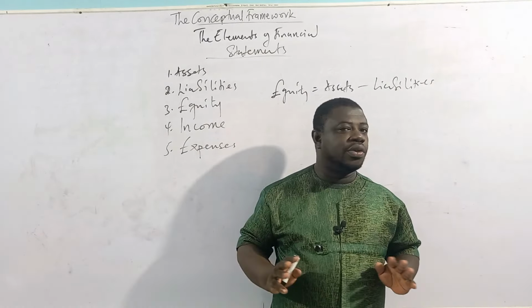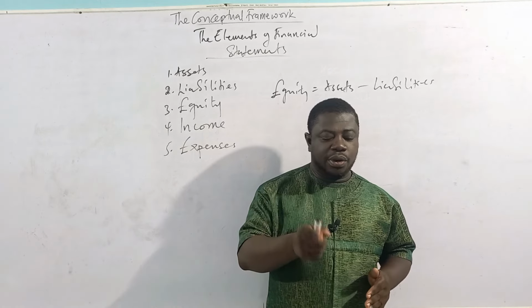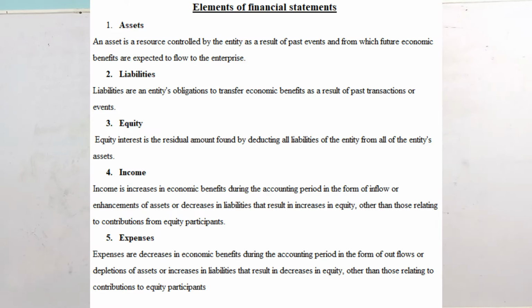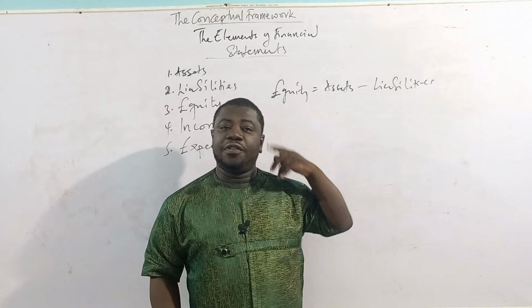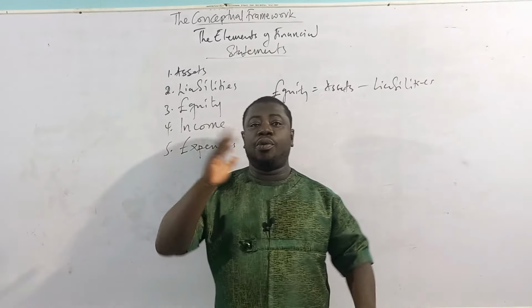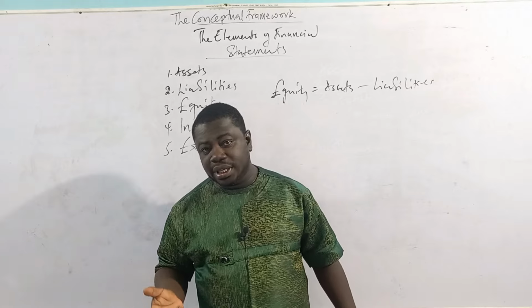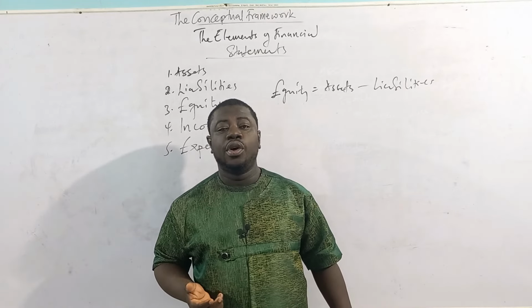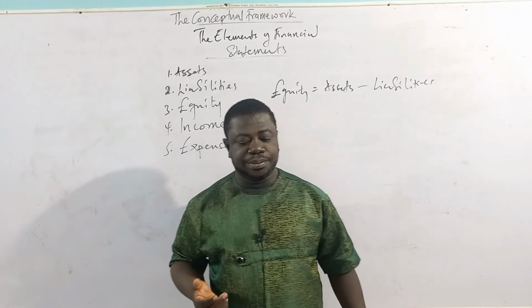The increase only is not enough to call it an income. But look at the specifics. Increase in economic benefit in the form of inflow of cash or enhancement of assets. So it is not only monetary cash inflow that is income. Sometimes there could be an enhancement of asset like an upward revaluation of a property. That is also an income.